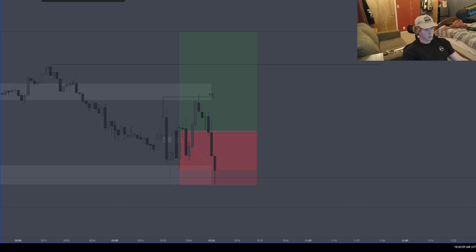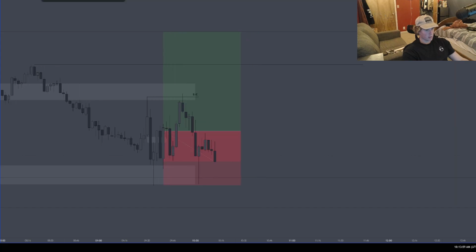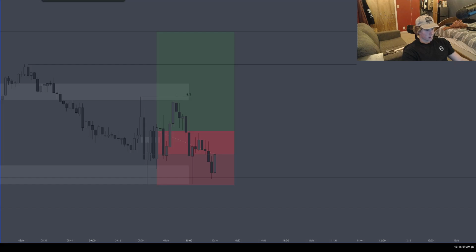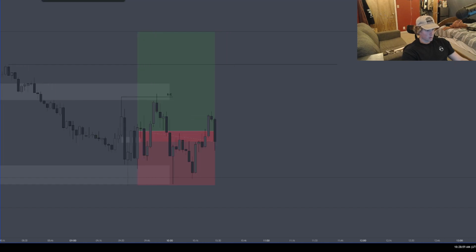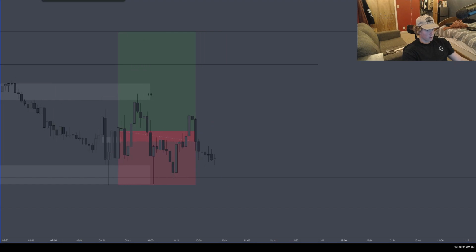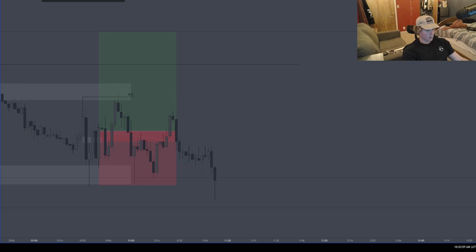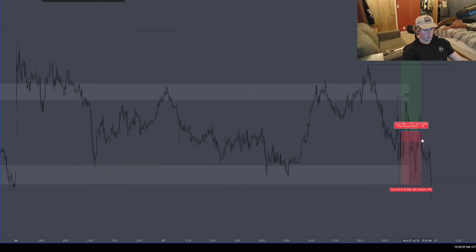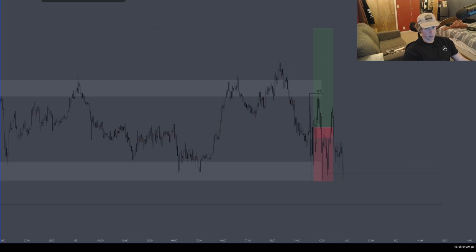Stopped barely. That's good because we're protected. Price ran. Still never hit our stop loss yet. But it did there. So yeah. That is proof of the system working right there.